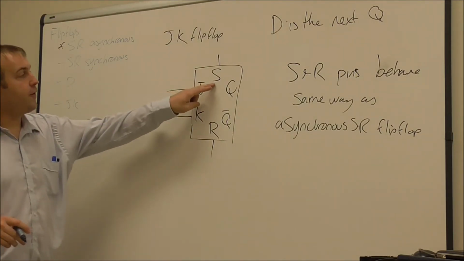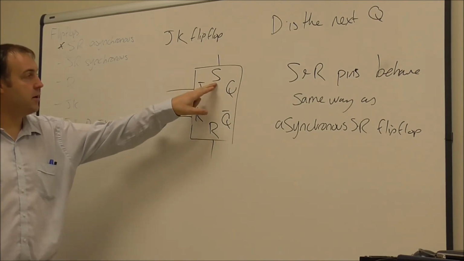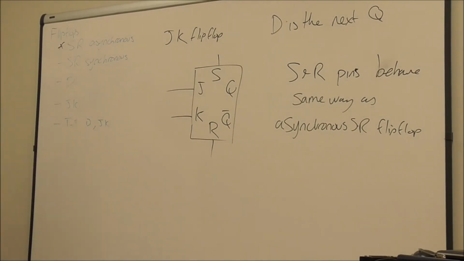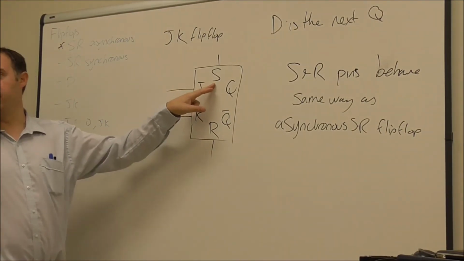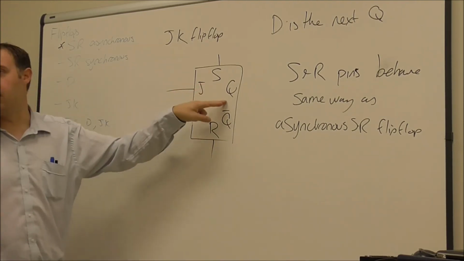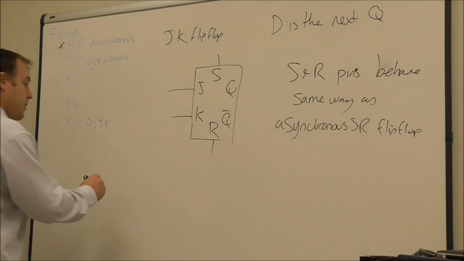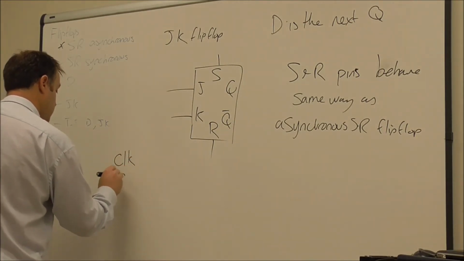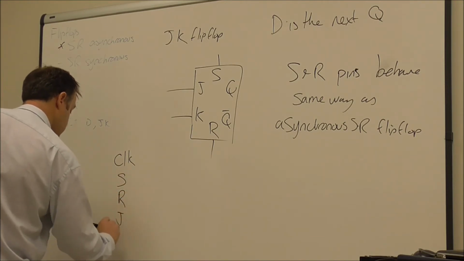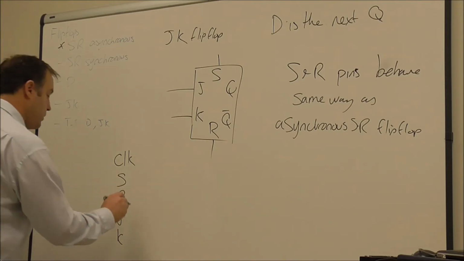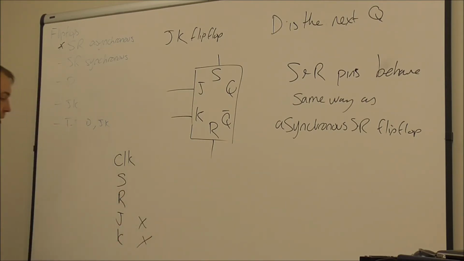In that, if I set S high and have R low, then immediately, with a very tiny delay, as soon as it sees that S pin goes high, Q goes high. Okay, so I don't care about what J and K are, so I'm just going to put a cross there.